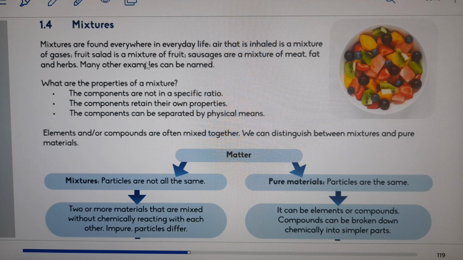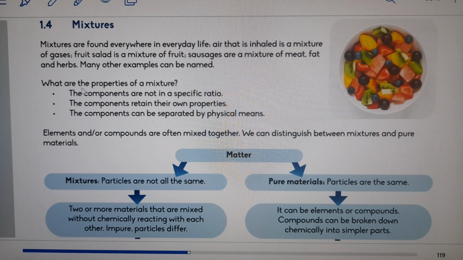Fruit salad is a mixture of fruits. Sausages are a mixture of meat, fat, and herbs. Many other examples can be named. So these are the examples of mixtures. Number 1 is the air, number 2 is the fruit salad, number 3 is a sausage.